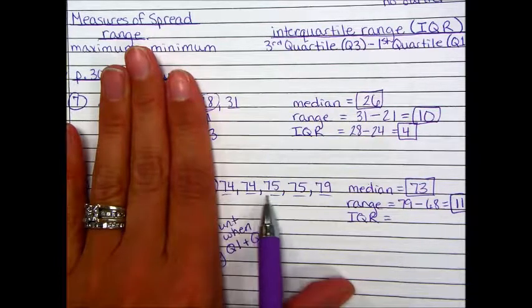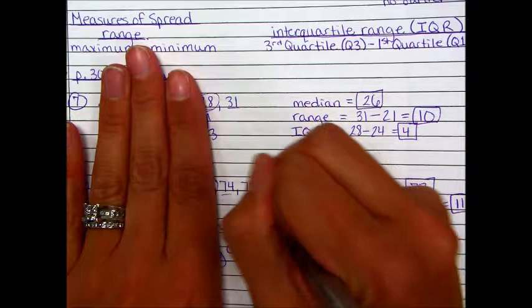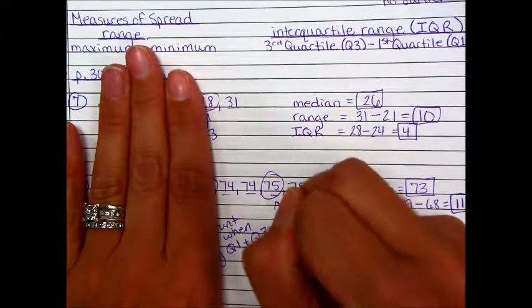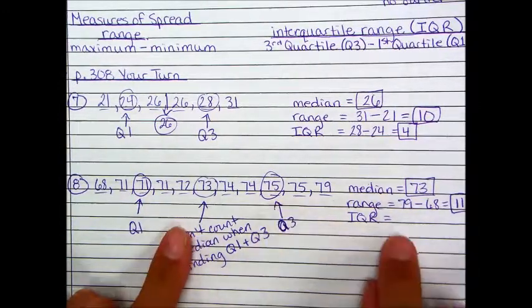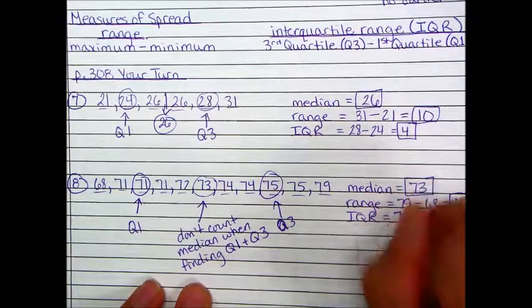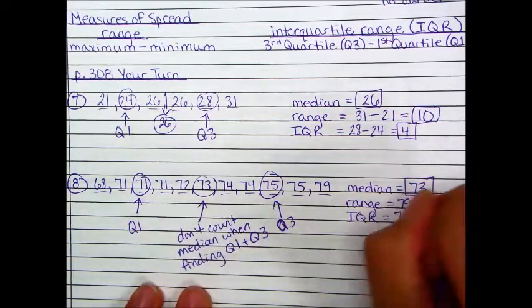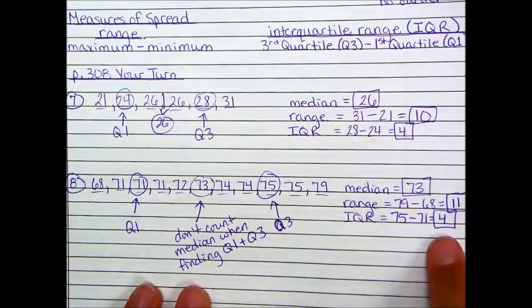Out of the 5 numbers above the 73, where's the middle? 75 is Q3. Sorry, my Q is a little messed up. So IQR is Q3, which is 75, minus Q1, which is 71. So your IQR is 4.